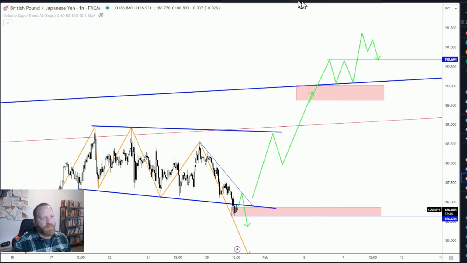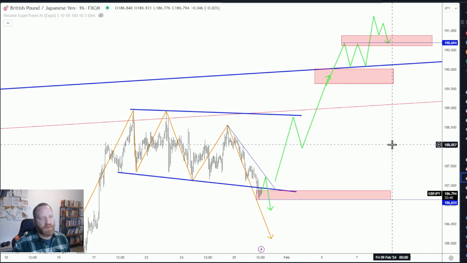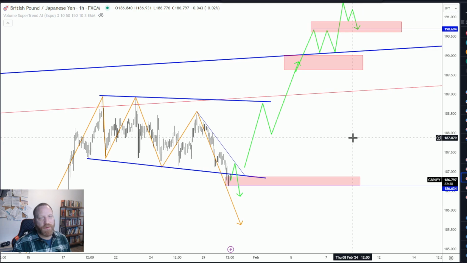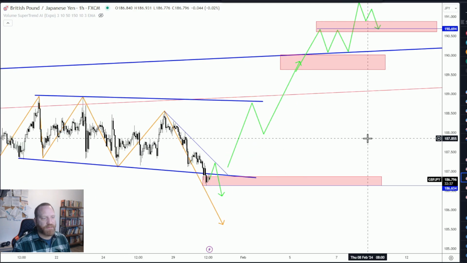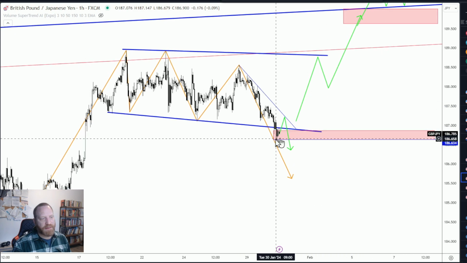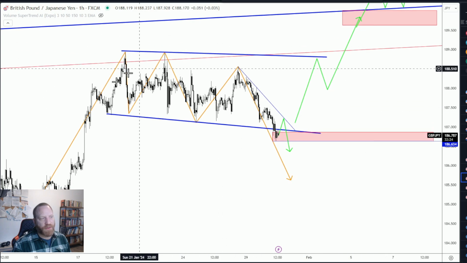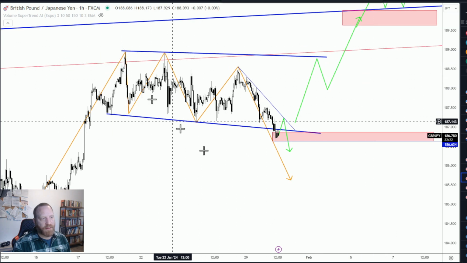So now I have three potential trades. I'm kind of agnostic to the direction the market takes now, but I have an actionable plan that is not based on emotion. Because if you don't plan for the opposite of what you're planning here, then the market starts to go against you, and you're like, no, this is a distribution pattern.